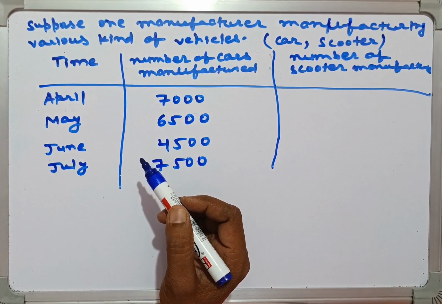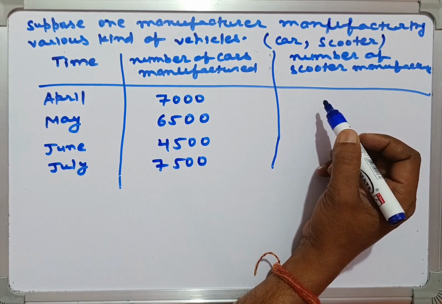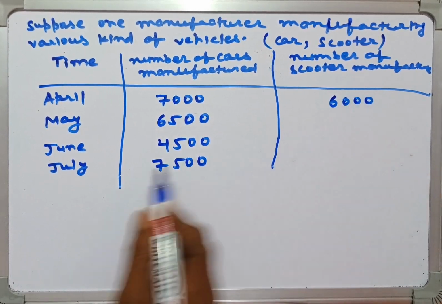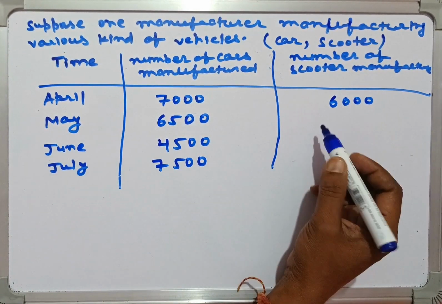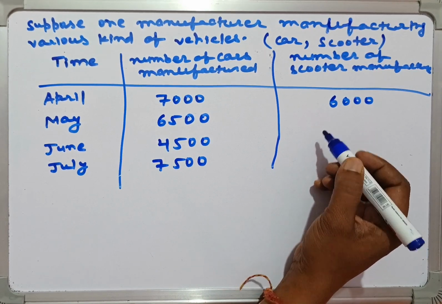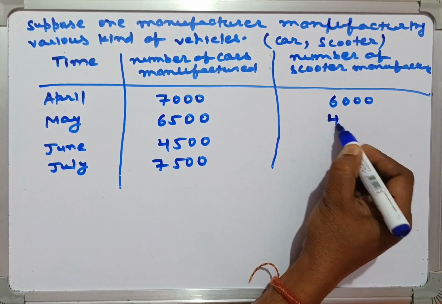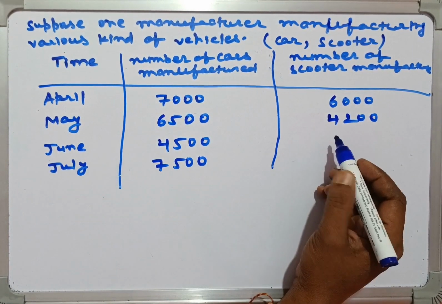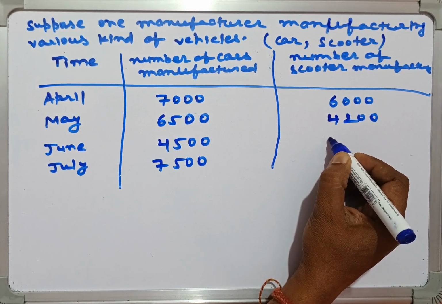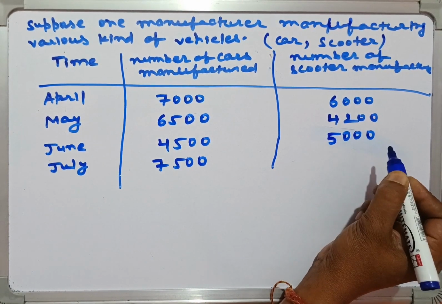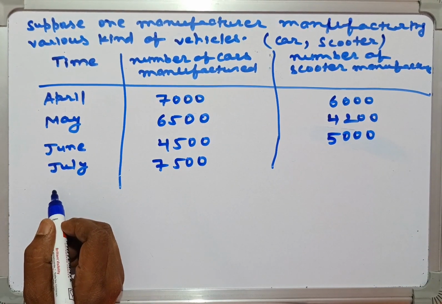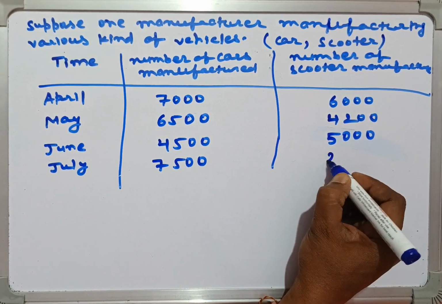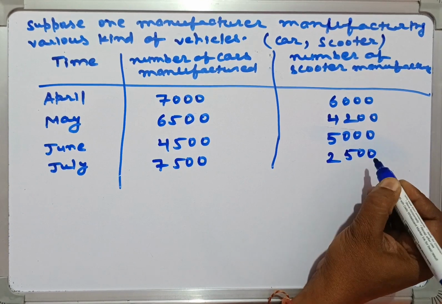Okay guys, now he also manufactured scooters in April, suppose 6,000. Okay guys, and in May he manufactured 4,200 scooters. Okay guys, in June he manufactured 5,000 scooters. Okay guys, in July the same manufacturer manufactured 2,500 scooters.